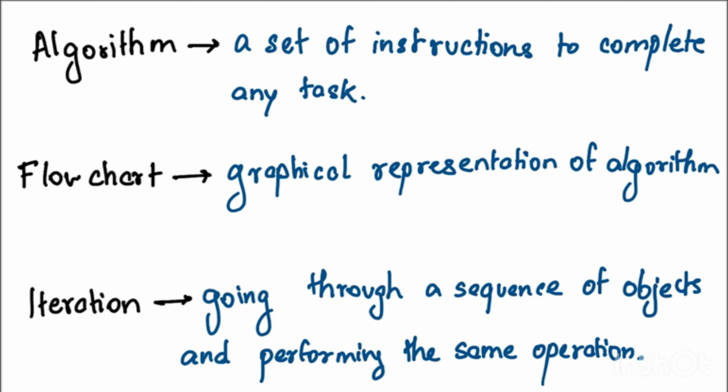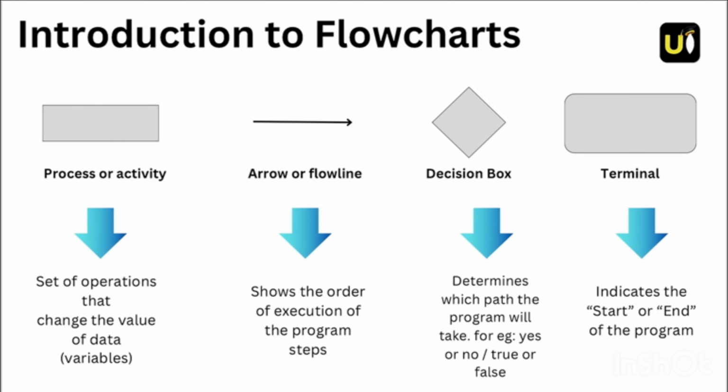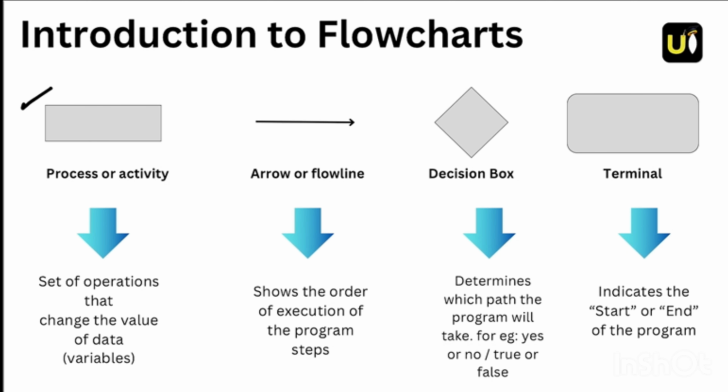So let's move on to the flowcharts now. Let's define a few objects we need to use in the flowchart. These are a few tools. This box is the process or activity: a set of operations that change the value of data or variables.